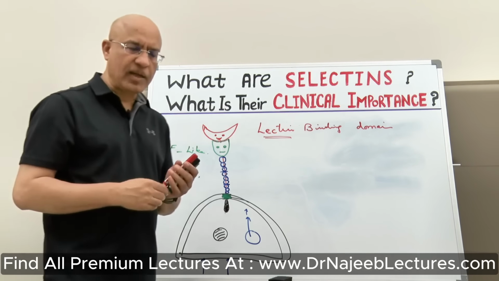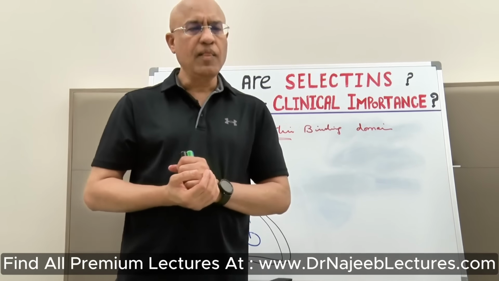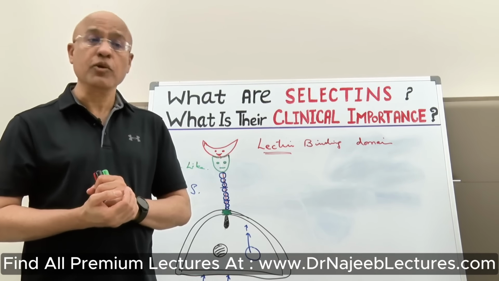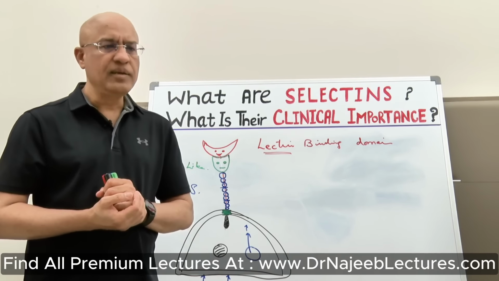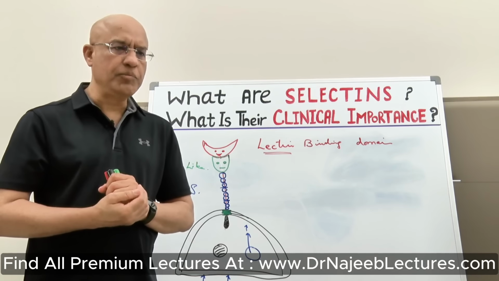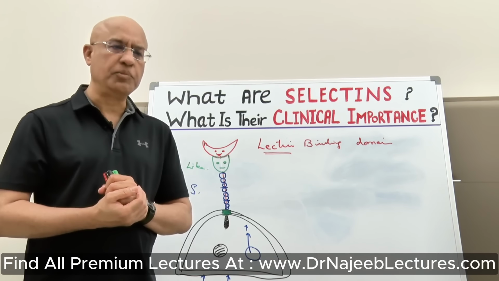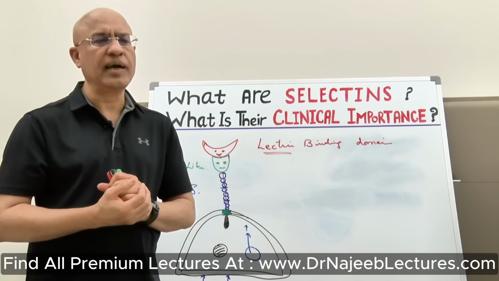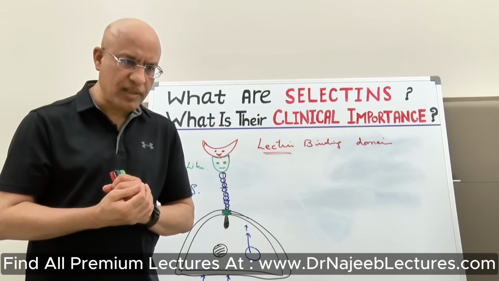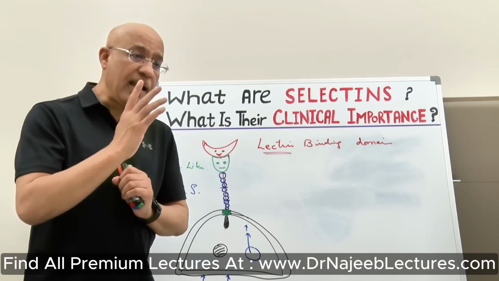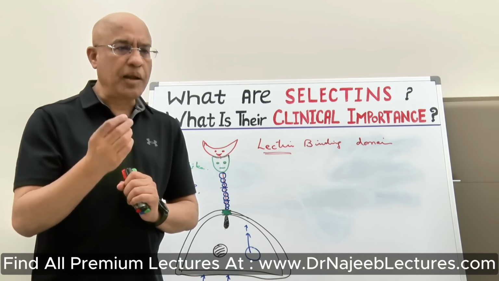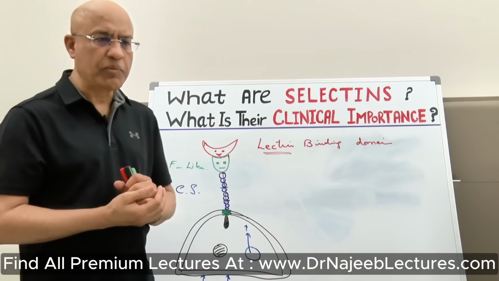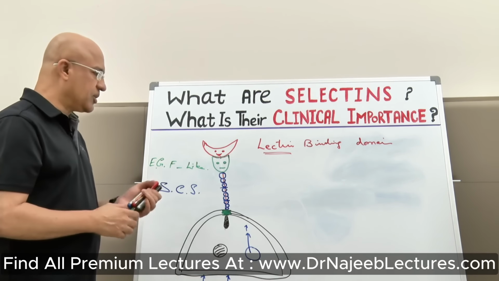What is selectin? Again, I will repeat. Selectin molecules are adhesion molecules which are specially expressed in the cells of the cardiovascular system. P-selectins can be expressed on platelets and endothelial cells. E-selectins are expressed on the endothelial cells only, and L-selectins are mainly present on the leukocytes, white blood cells, especially on lymphocytes.